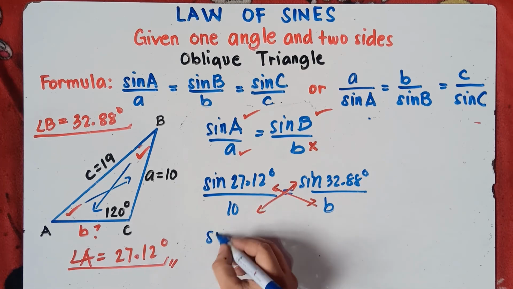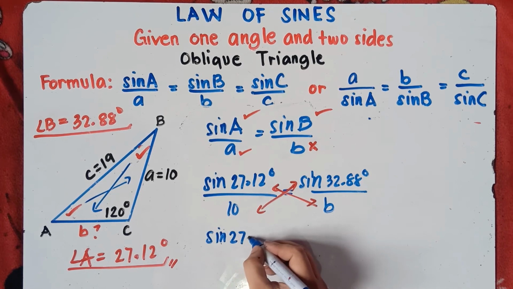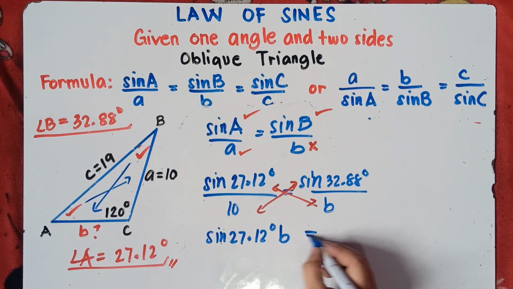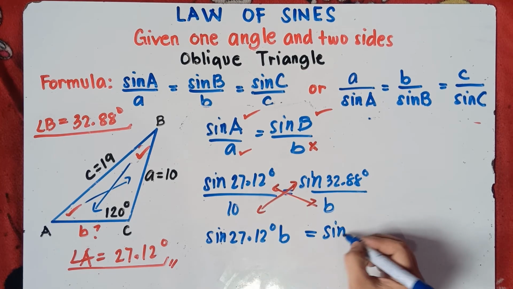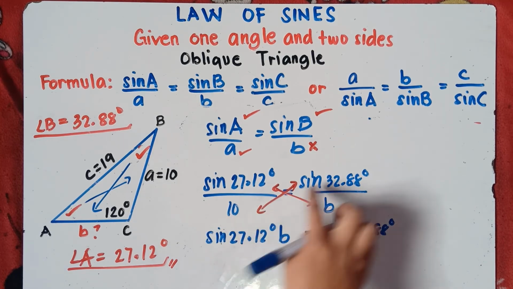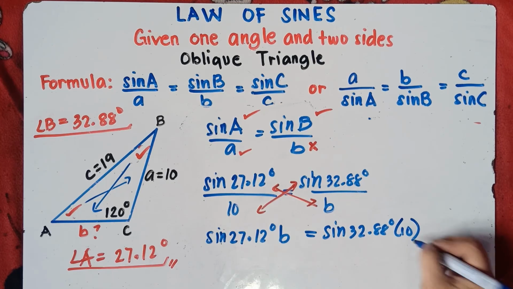So this will be sine 27.12 degrees times B equals sine 32.88 degrees times 10.